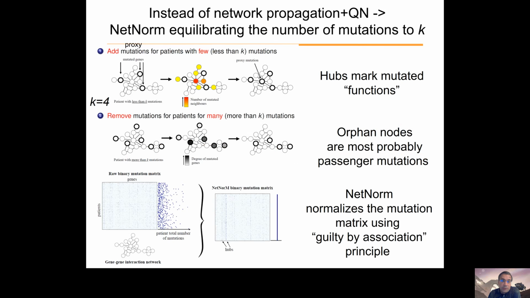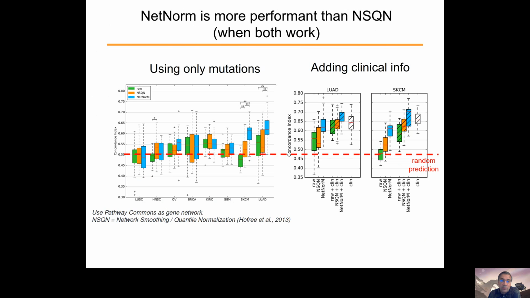So great. We had the idea of this method, then we applied it again for predicting survival of patients from mutational data, and we were quite satisfied. In those cases where network smoothing had some effect, we saw that the network-based normalization that we introduced, which is a simpler method, allowed us to improve the performance of the prediction even more.